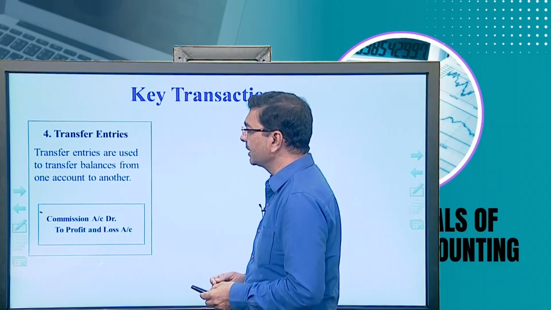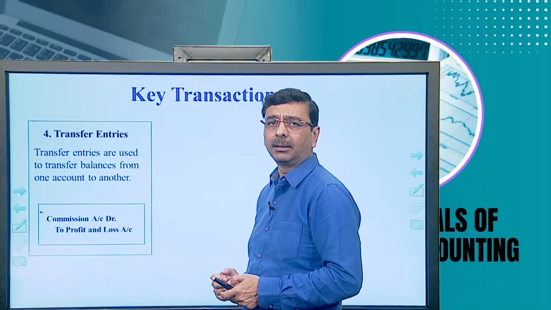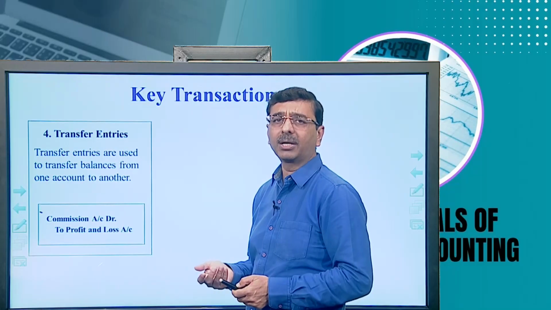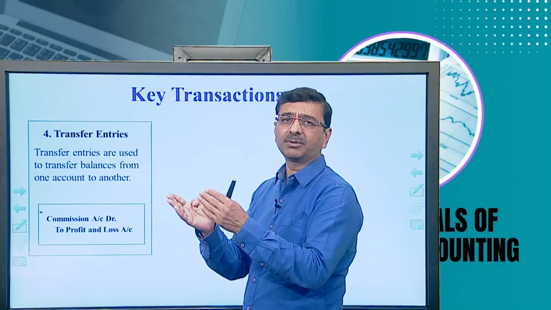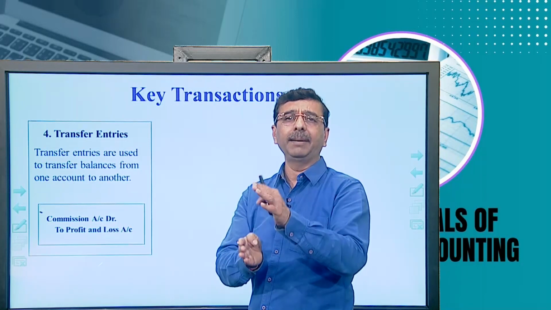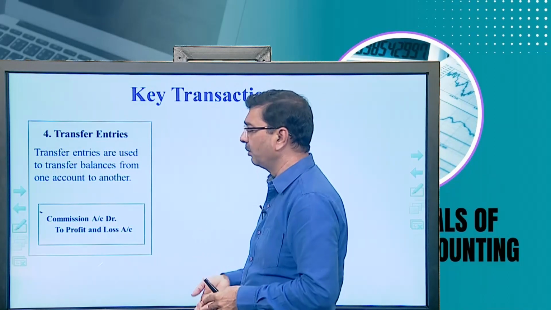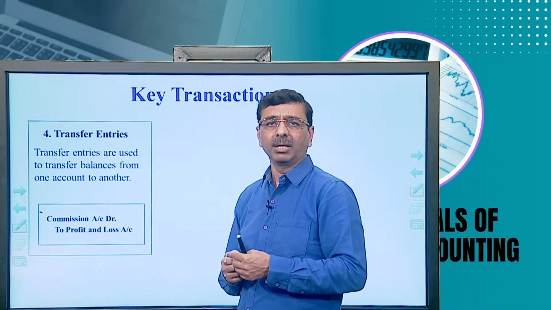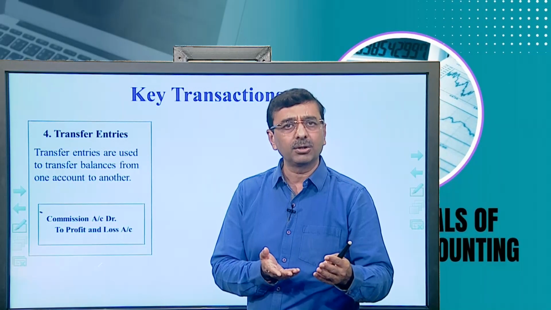When you are transferring some items like commission or any other expenses, the existing item's account will be debited and the transferring amount will be considered. So here commission is your income, where the commission is received, so it's a credit.